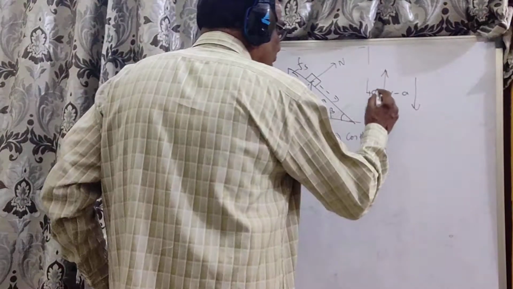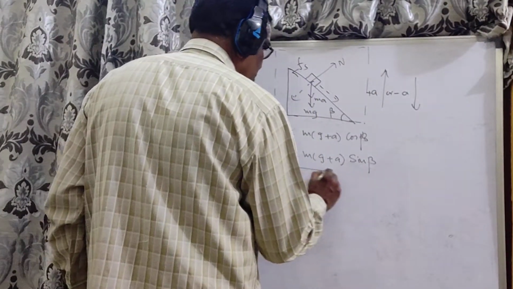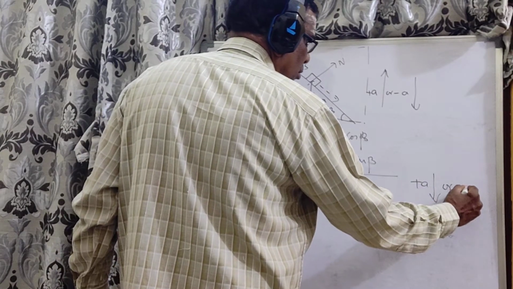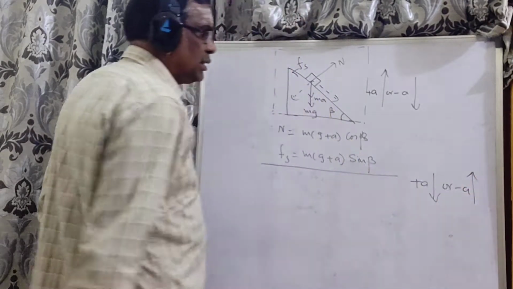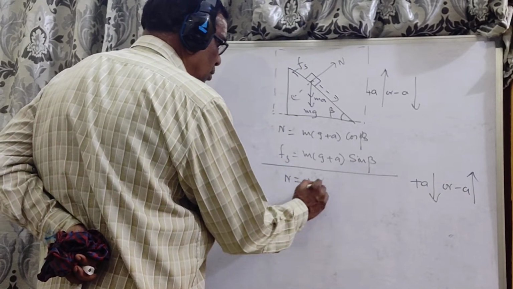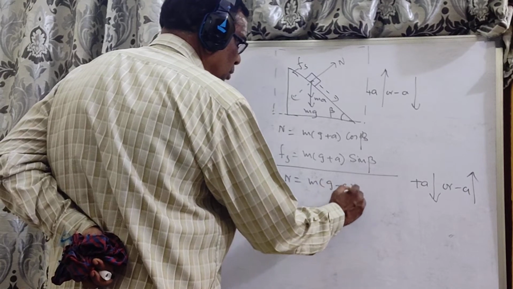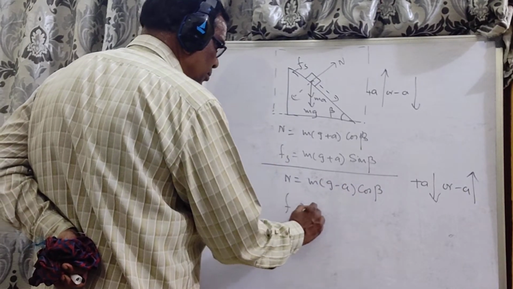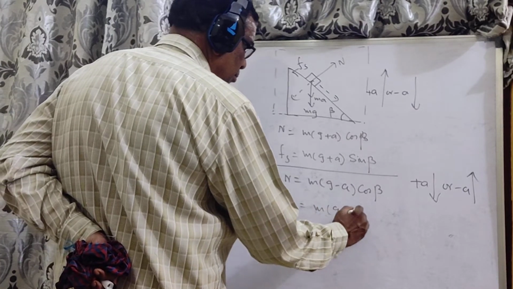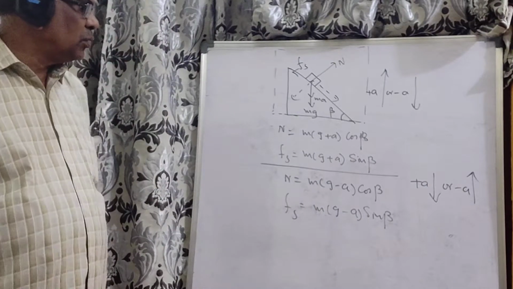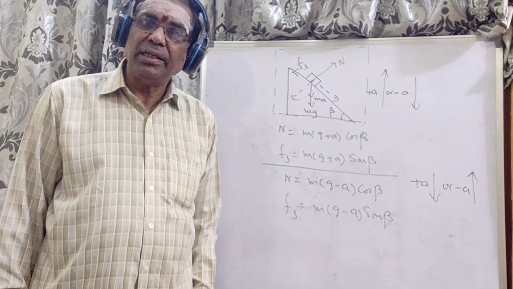Now suppose if I take plus a down or minus a up. What do you get? N is equal to m into g minus a cos beta, and Fs is equal to m into g minus a sin beta.